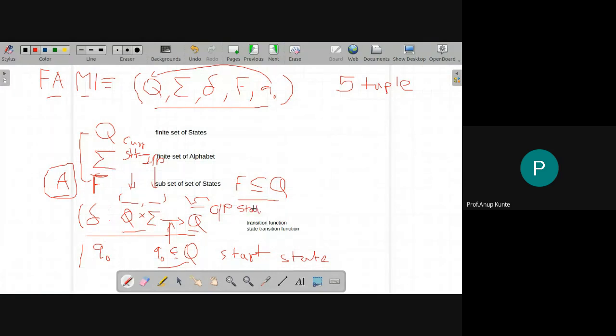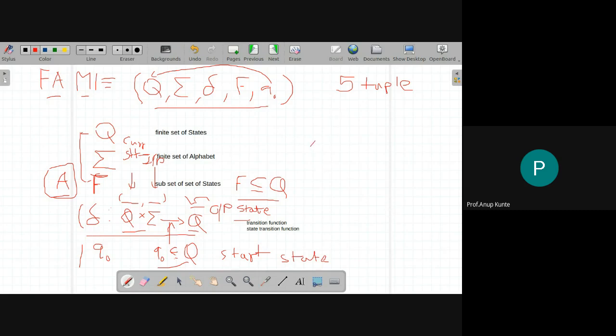Okay. So this is how these devices work. If I am in a state and I see a particular input symbol, I decide to change my state to some other state, or I decide to remain in the same state.